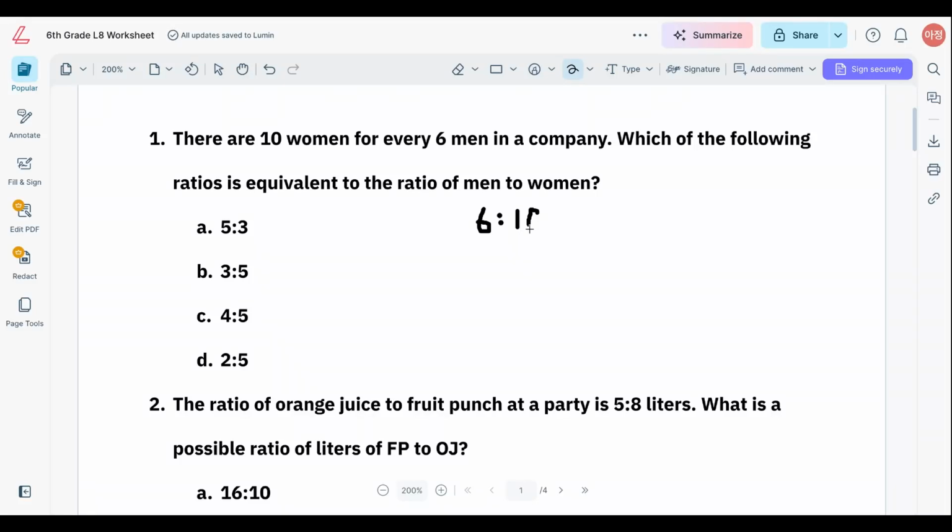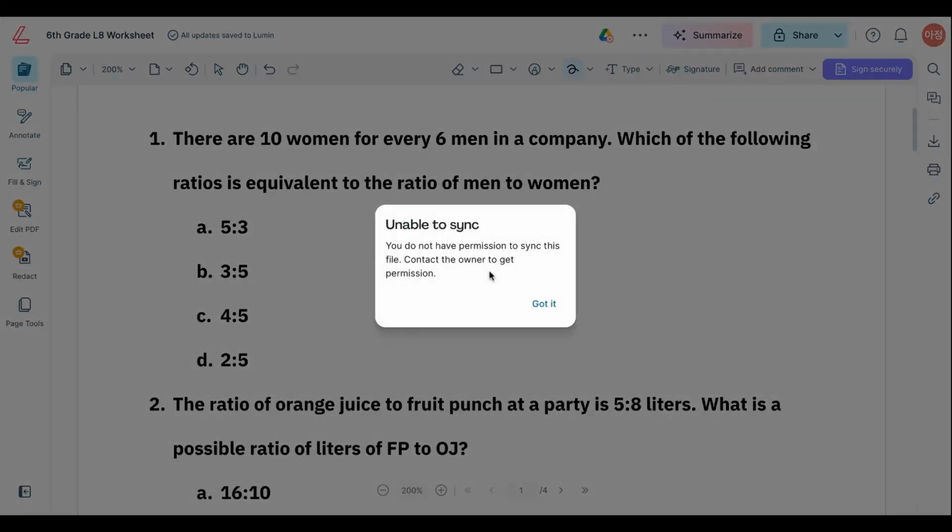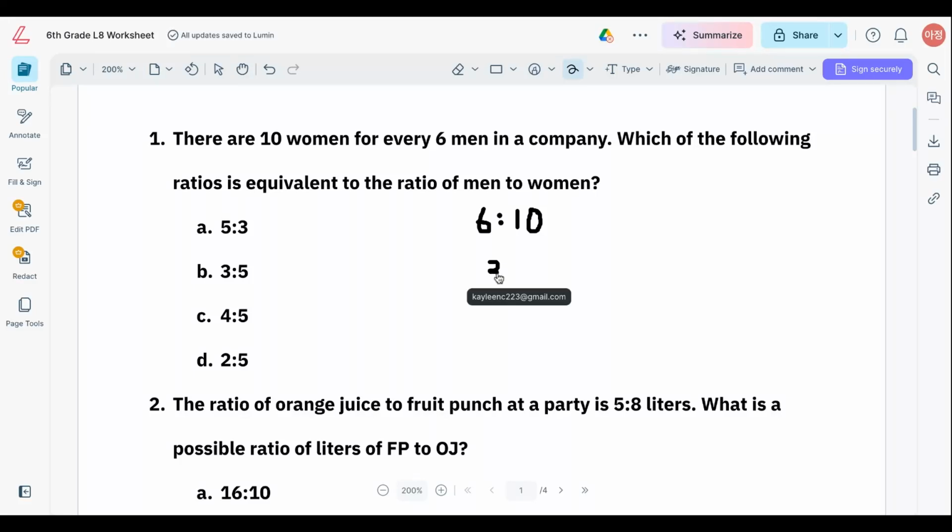But we can simplify this, and so we can divide 6 and 10 by 2, and that will be 3 to 5. So B is the correct answer.